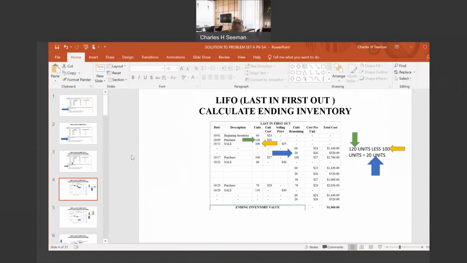So here's how ending inventory works. You work through each transaction. So the sale on 10/11, since LIFO is last in, first out, all 100 units that were sold on 10/11 come out of 10/9.